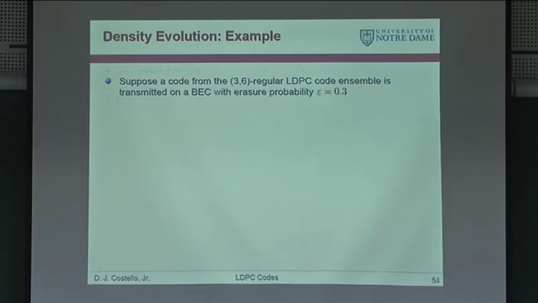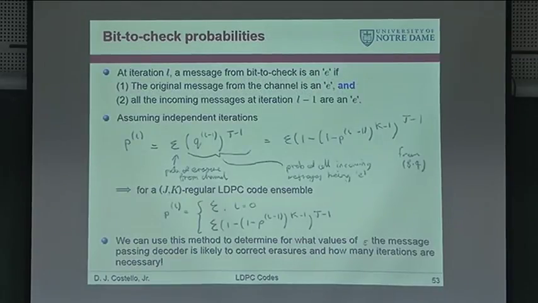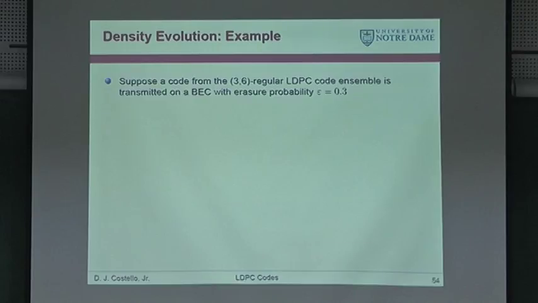Well, this whole development assumed a JK regular ensemble because we've got the parameters J and K here. It's a different method if we have irregular ensembles. It's essentially the same method, but the parameters are different. And let's say that the erasure probability is 0.3.